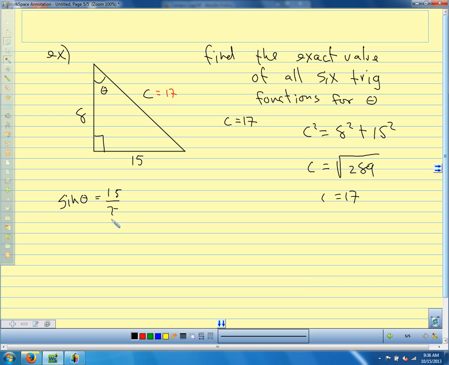Nice. So we're just writing fractions. That's my exact value. Cosine? Cosine of the angle, what's our cosine going to be? 8 17ths. Tangent. What's going to be the tangent? 15/8.